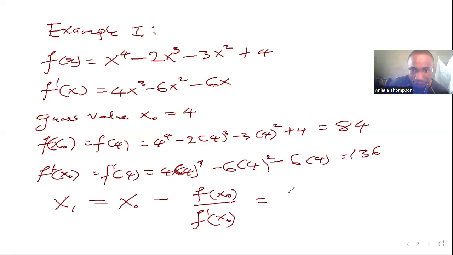So substituting, you have 4 minus 84 divided by 136. If you evaluate that, you get 3.3, or I want to keep it in 4 decimal places, 3.3824.